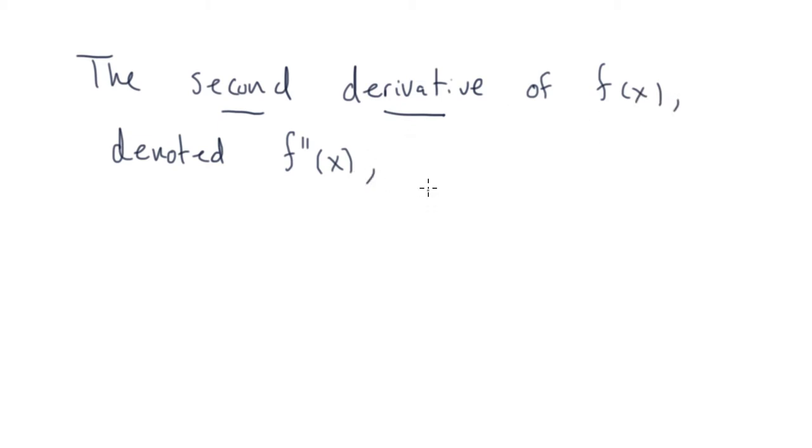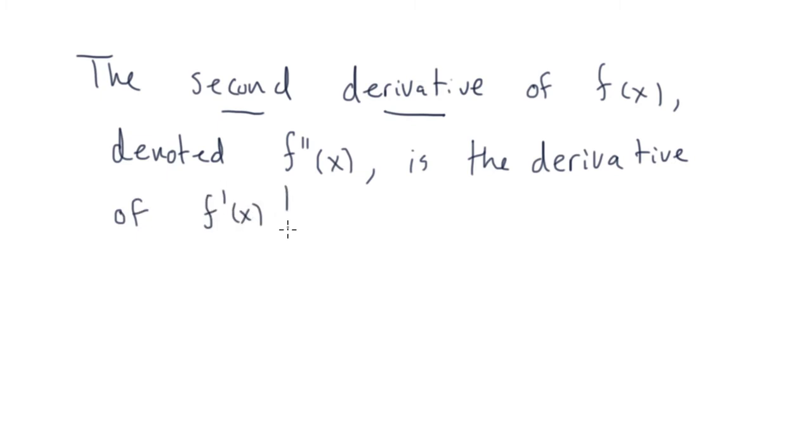And what do you think it is? Well, it's the derivative of the first derivative. Easy as that. So if you find the first derivative function, then you just take the derivative again.